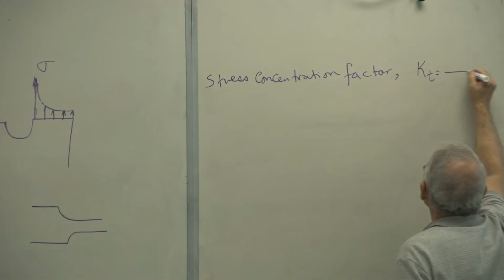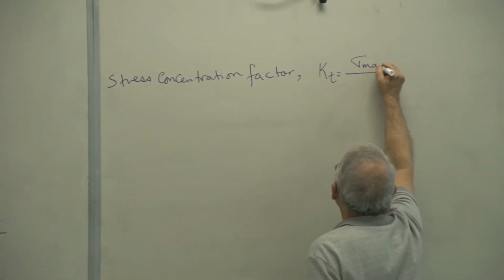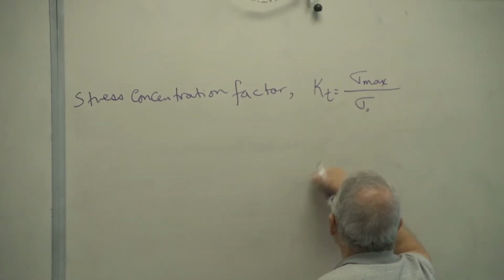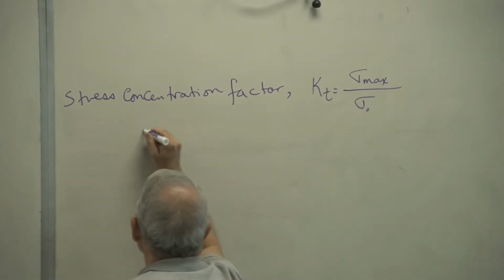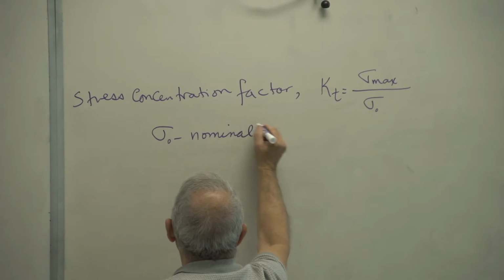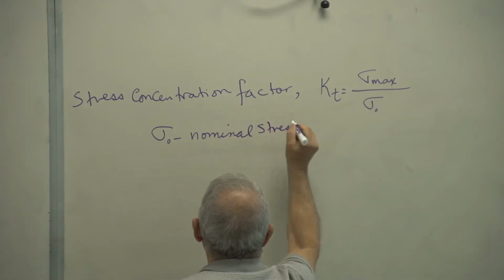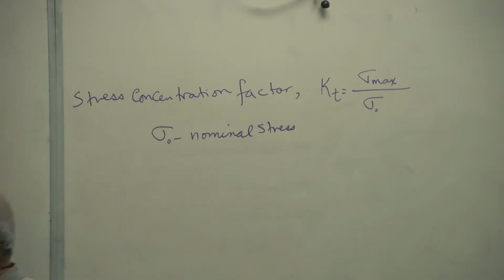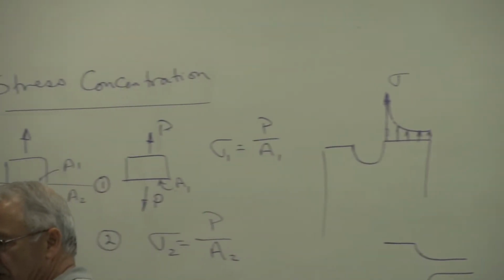K sub T is defined as the maximum stress divided by the nominal stress. Sigma O is called the nominal stress, similar to what we have found here. Both of these are nominal stresses.